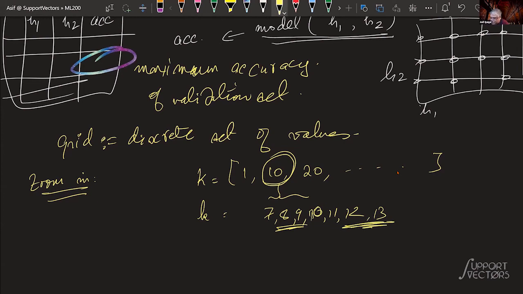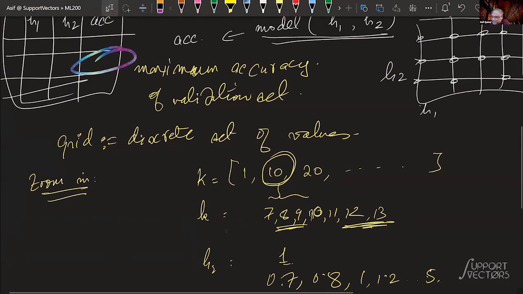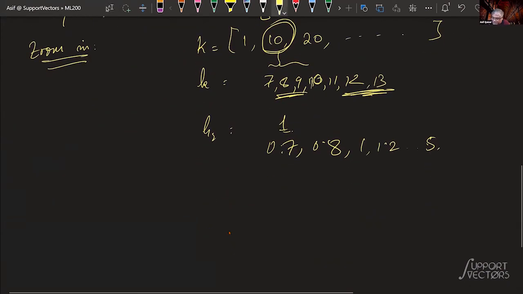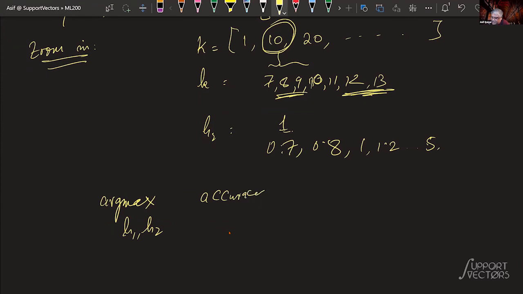In the same way, suppose you find out that the cost, the other H2, the best value was 1. So what can you do now? You can search in the vicinity of 1. Try out whether 0.7 is good, 0.8, 1, 1.2, something like that. You can zoom in and try out local values till gradually you find the best value of H1 and H2. So in simple terms, you're trying to do argmax over H1, H2 of the metric accuracy of the model.